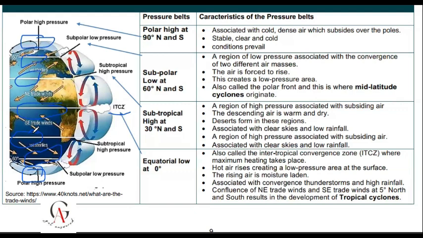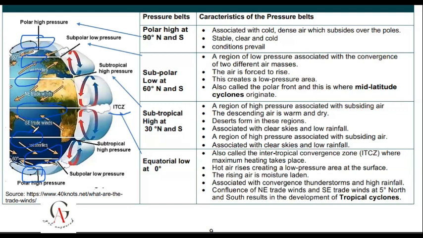The low pressure equatorial, the high pressure subtropical, the low pressure subpolar, and the high pressure polar. Those are the pressure belts that we have.